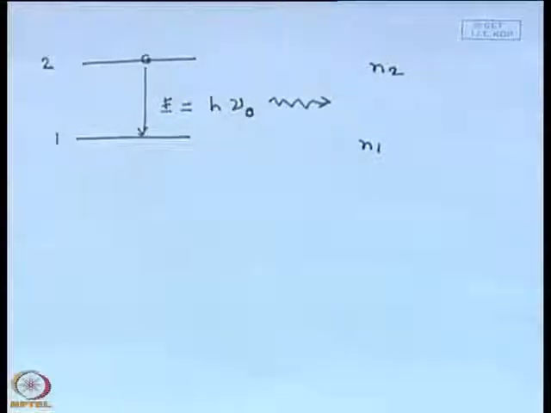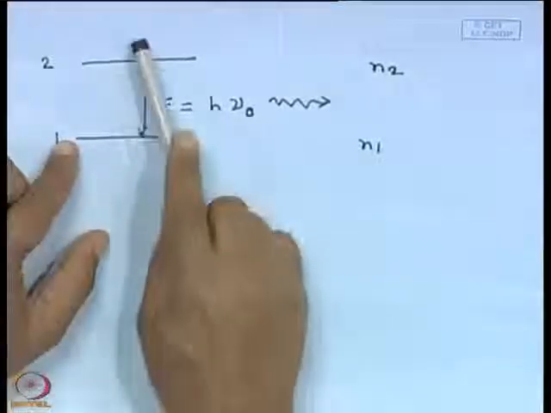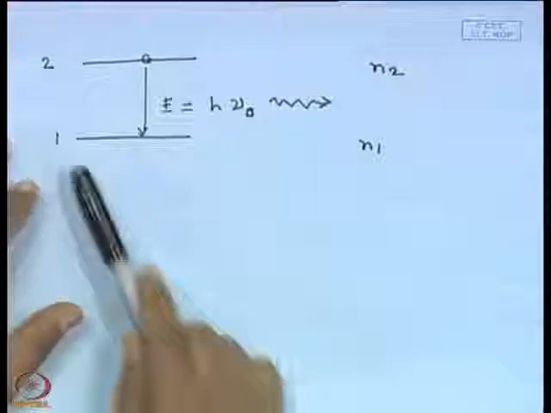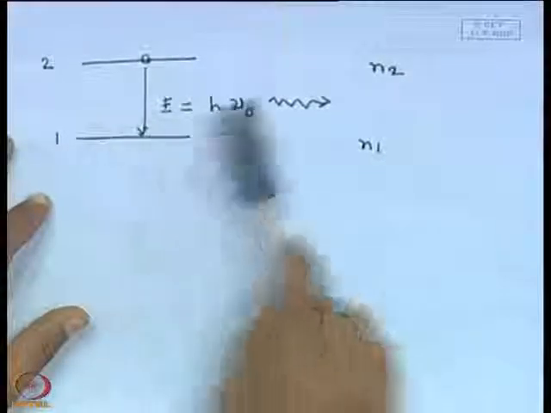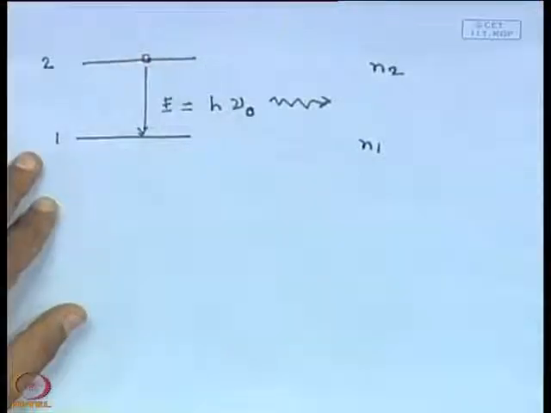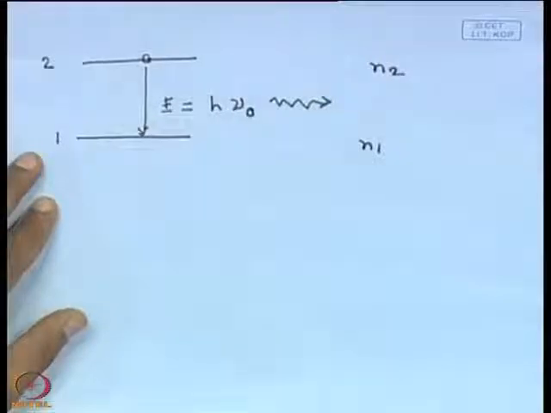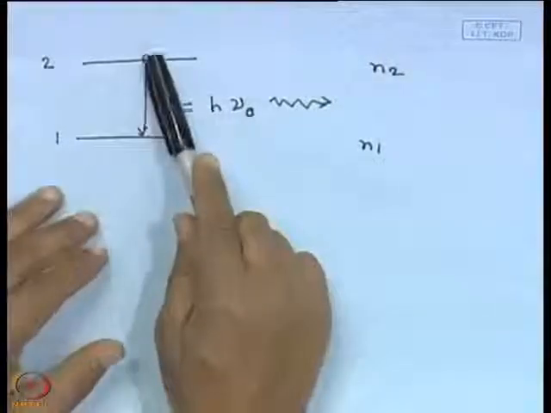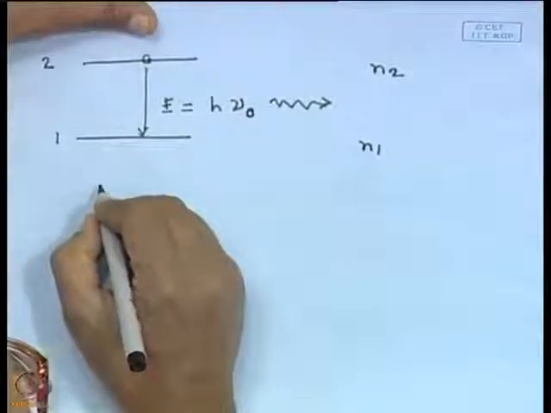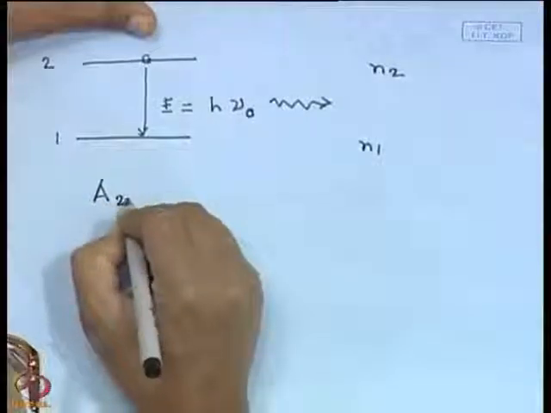Now we have different mechanisms by which the system can go from here to here or back. So if I take the system and have some of the particles in the excited state, there is a probability that they will each come down to the ground state, and the rate at which this happens is governed by a rate coefficient A21.